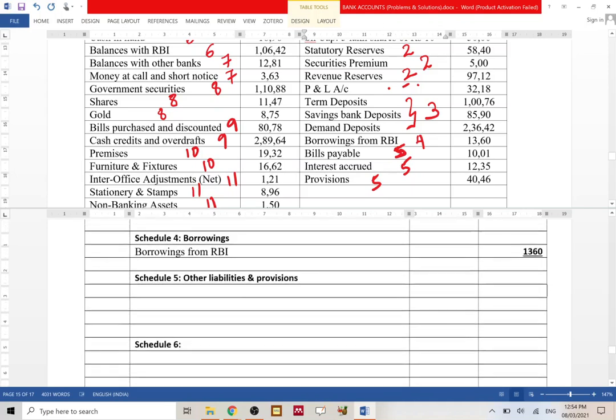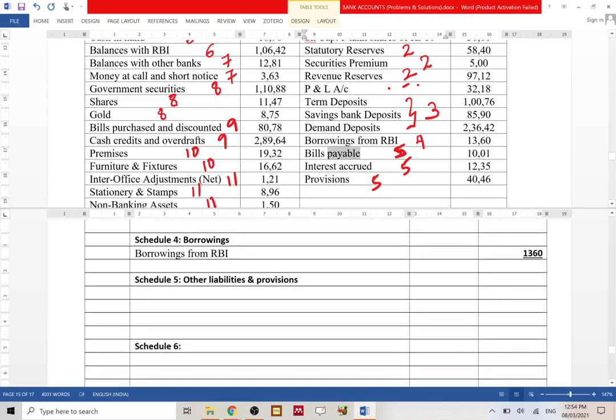So we have 3 items over there, bills payable, okay, which is 10,001, amount in a column.